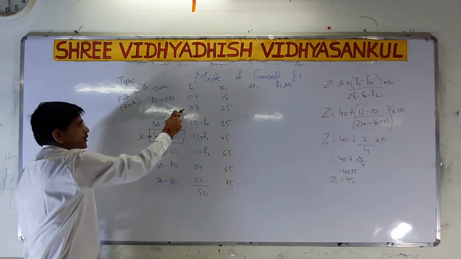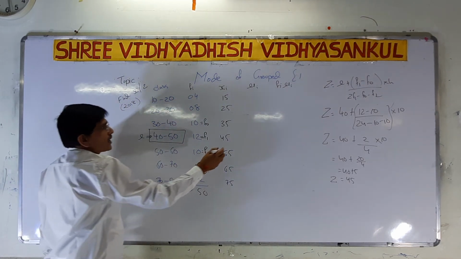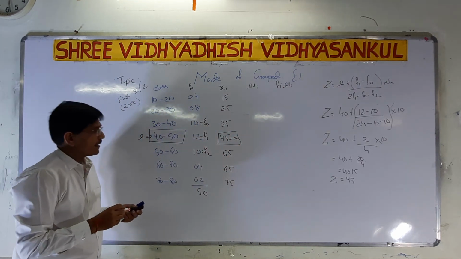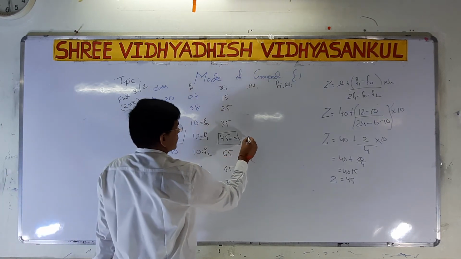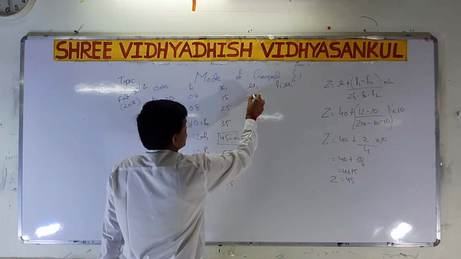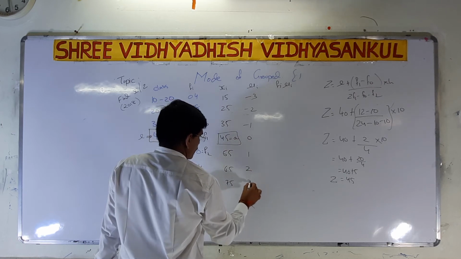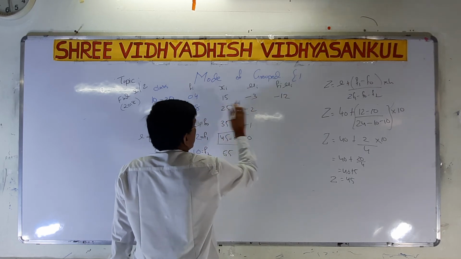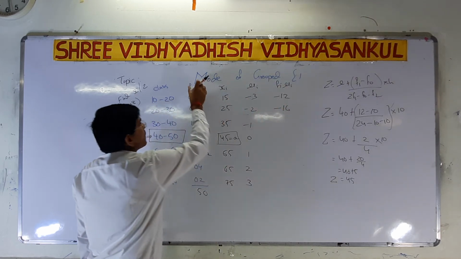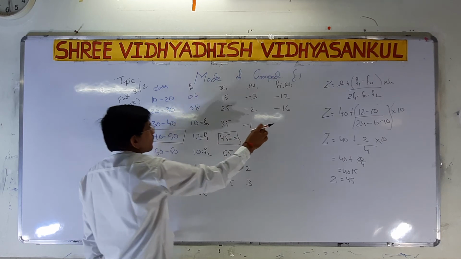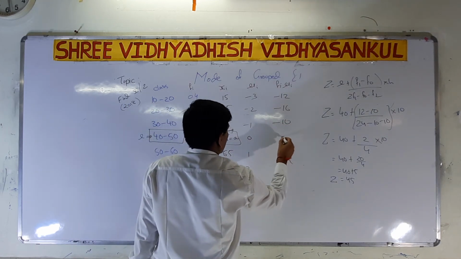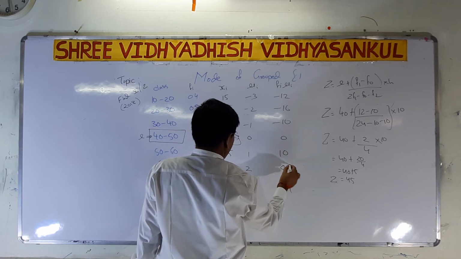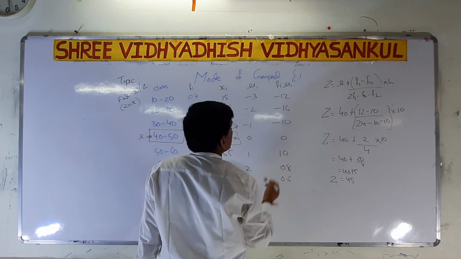How many classes are there? 1, 2, 3, 4, 5, 6 and 7. So I have to put A here, that is 45. Now here I have to put minus 3, minus 2, minus 1, 0, 1, 2 and 3. FiUi means frequency with Ui: minus 12, minus 16, minus 10, 0, 10, 8, and 6.